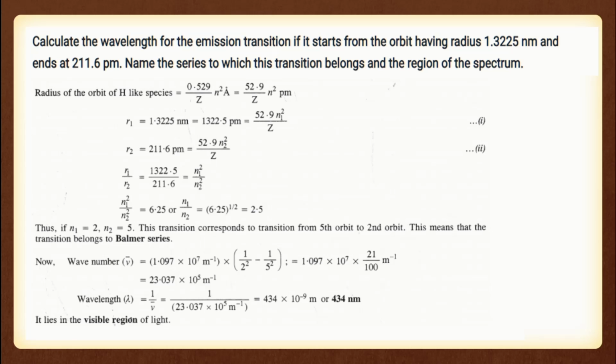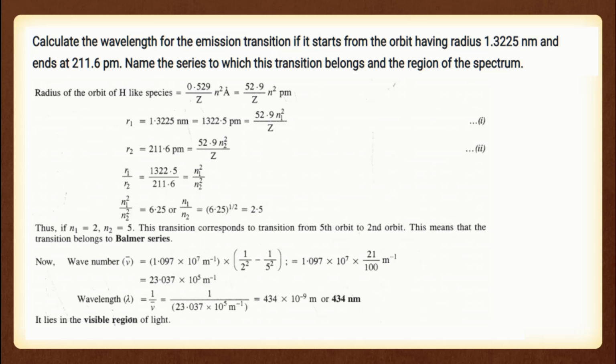This means that the transition belongs to the Balmer series. Wave number ν̄ = 1.097 × 10^7 m^-1 × (1/2² - 1/5²). This is equal to 1.097 × 10^7 × 21/100 m^-1, which is equal to 23.037 × 10^5 m^-1.